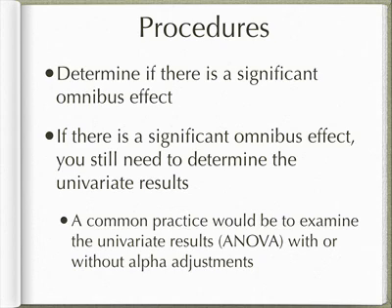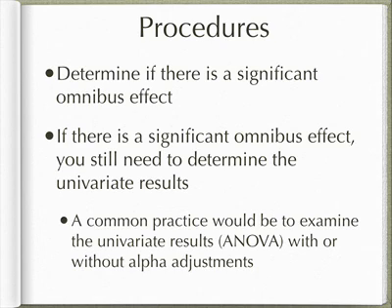And we'll have to decide which of those tests we want to use. We'll talk a little bit about whether we should use Wilks' lambda or Pillai's trace or one of the other 2 omnibus tests that are given to us. So that's the first thing we do.